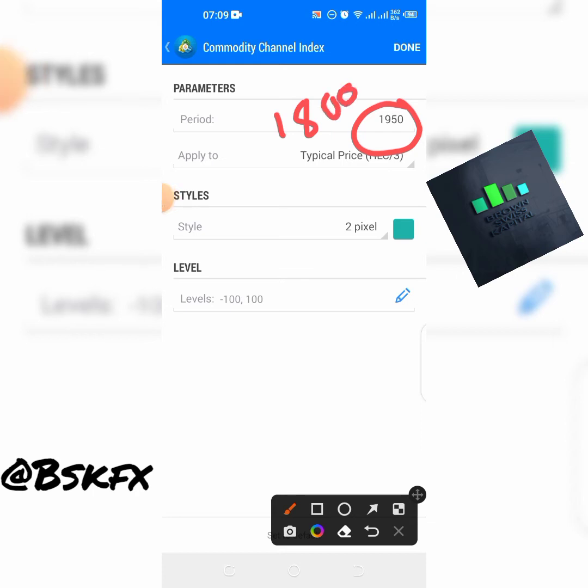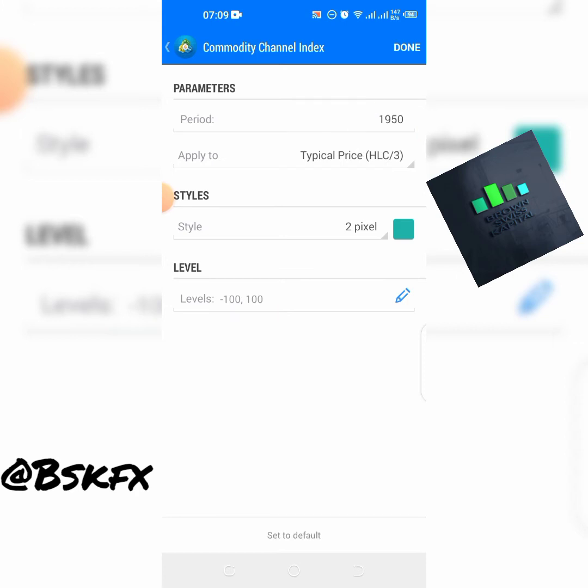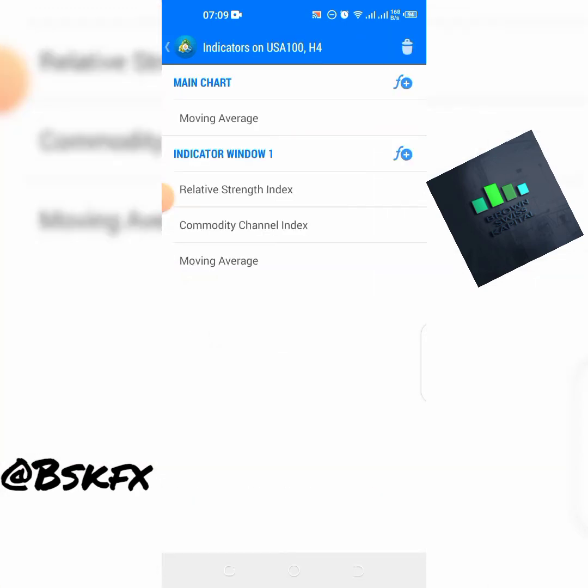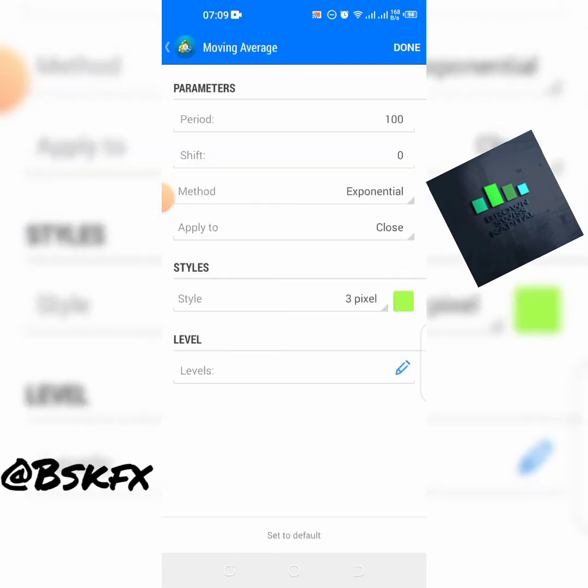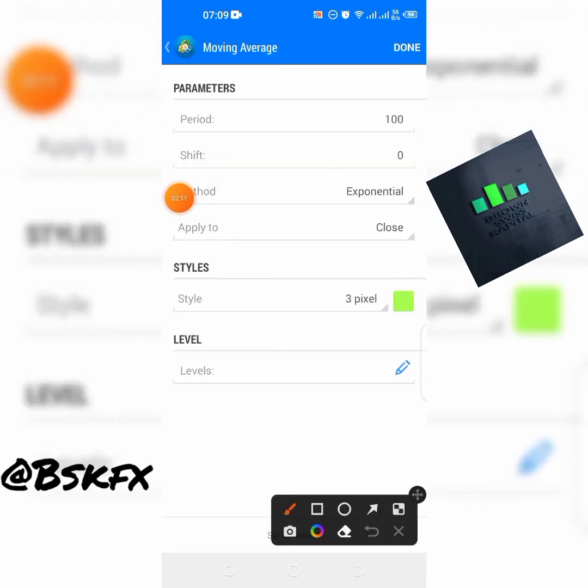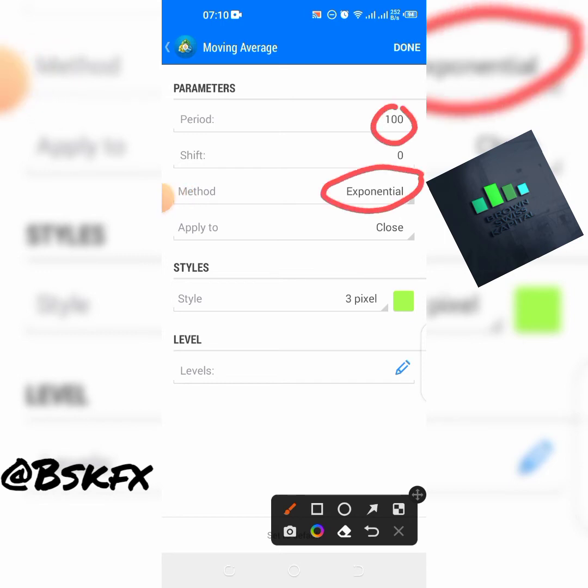Levels -100 to 100, apply to typical price, high, low, close divided by 3. And the last one, this is the new rule I added, and you are adding it to the indicator window, guys. It's 100 EMA. You can put any color you want.